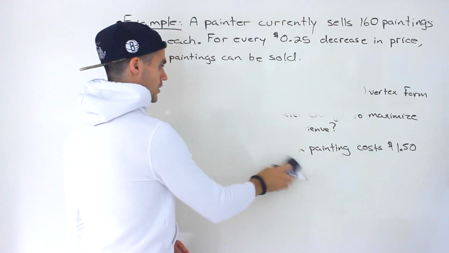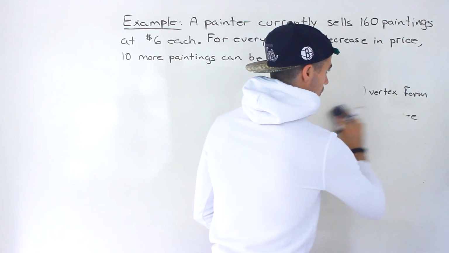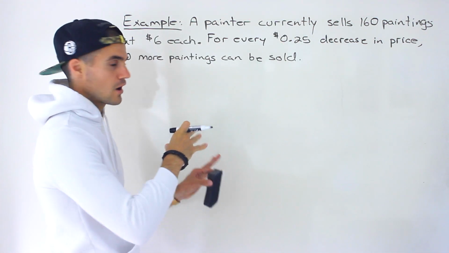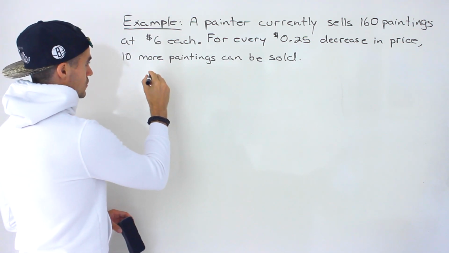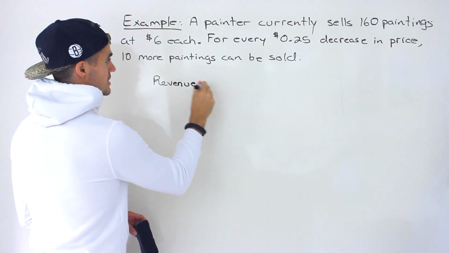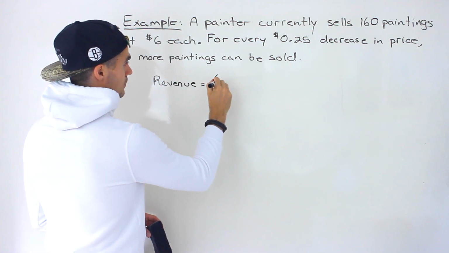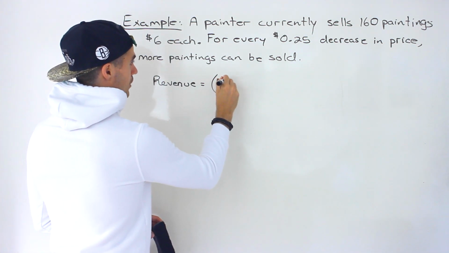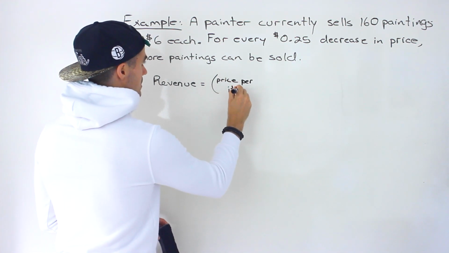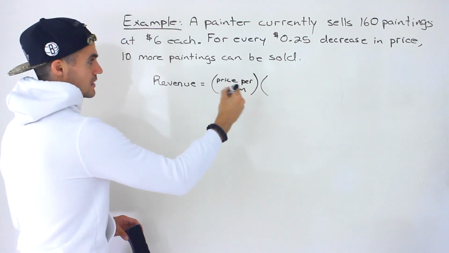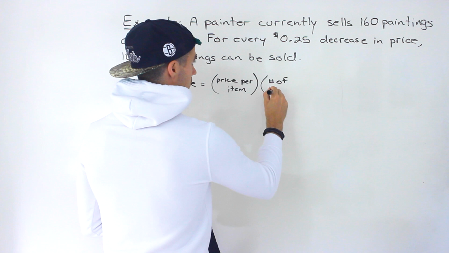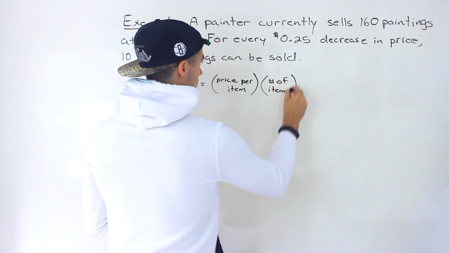Now, the first thing we're going to do is get the factored form. Usually with this kind of question, that's how you start it off. Let's do a quick review here. When we're talking about revenue, revenue is equal to what? It's equal to the price per item that you're selling, in this case paintings, times the quantity, or the number of items that are being sold.